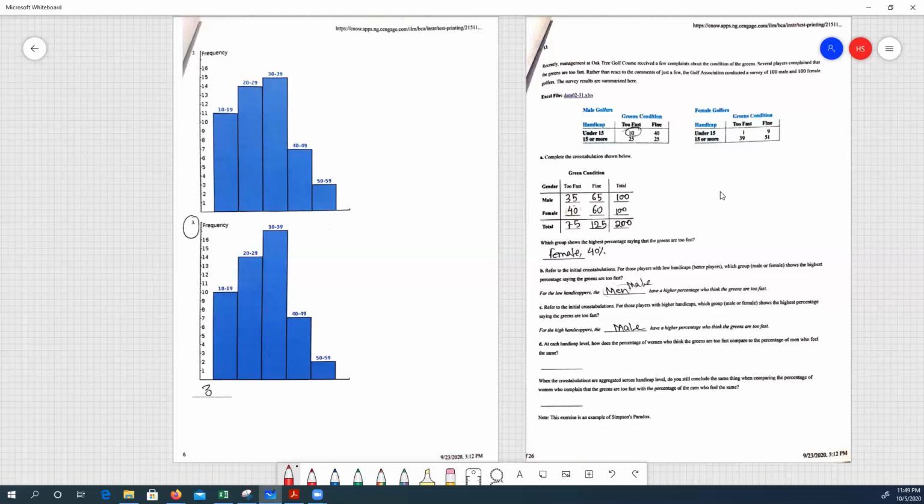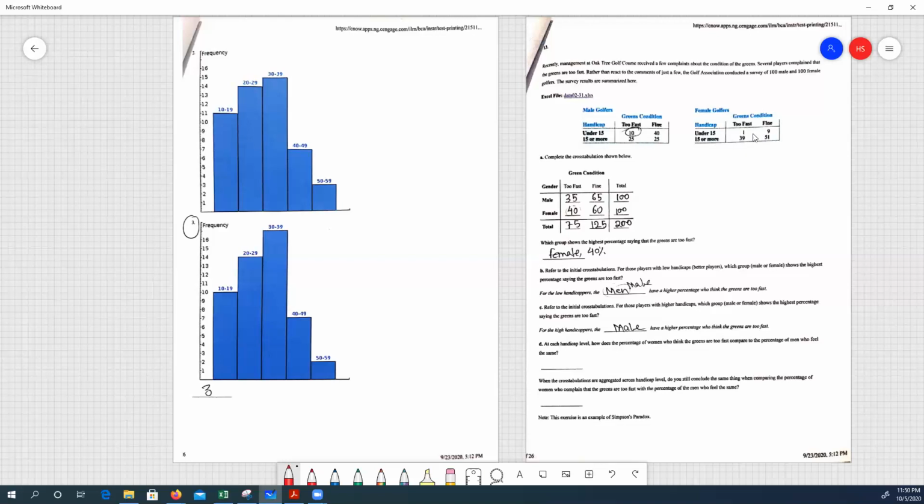Okay. So refer to the initial cross tabulations for those players with higher handicaps. That means 15 or more, for male and for female. Which group has the higher percentage who think that the greens are too fast? So this is 25 out of 50, right? There are a total of 25 plus 25. So out of 50, 25 think that it's too fast.